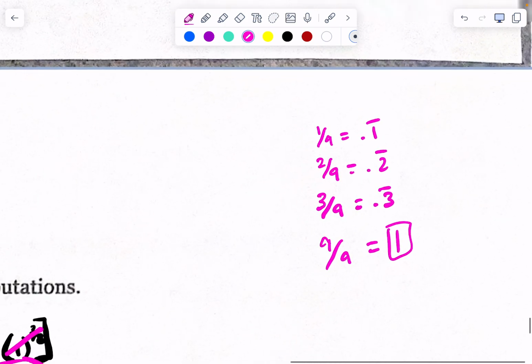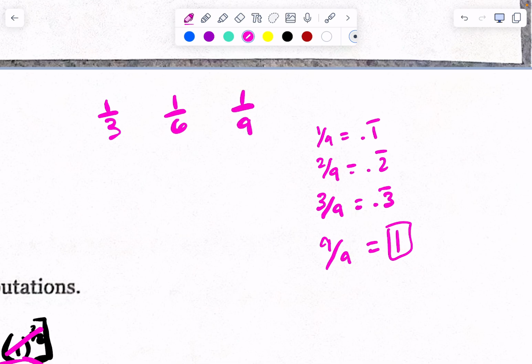Now, the reason why I hate thirds, I hate units of thirds, units of sixes, and units of nines is because they repeat. If you're solving stuff that involves thirds, ninths, and sixes, you can't convert it to a decimal, because if you do, you will have rounded the decimal and then you won't get the exact answer.